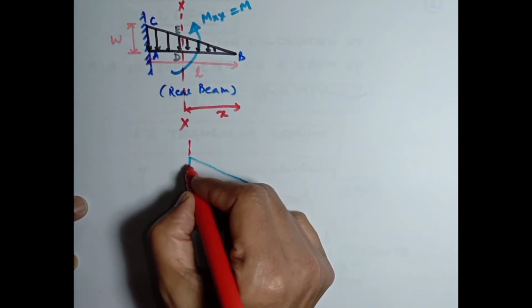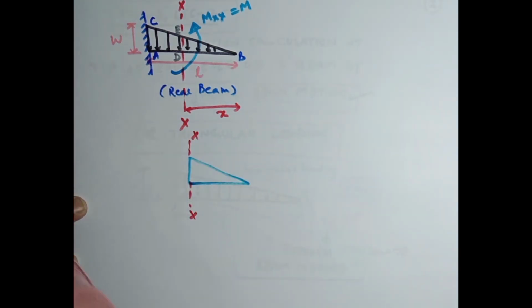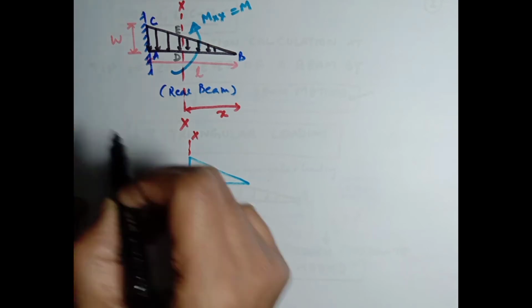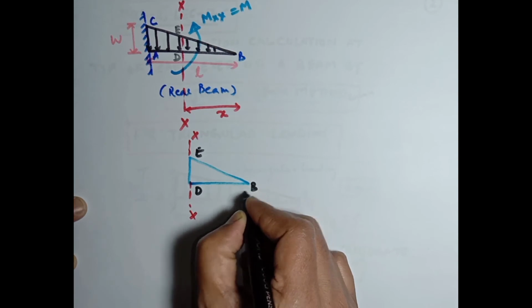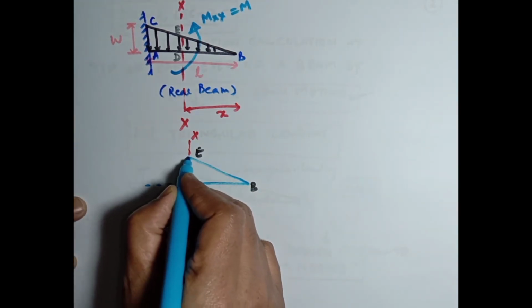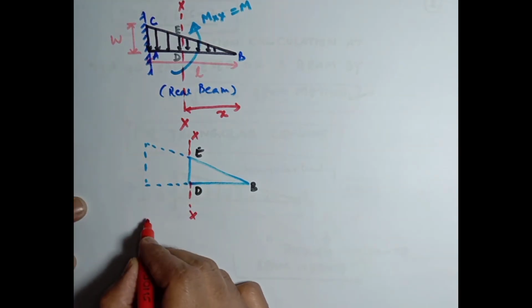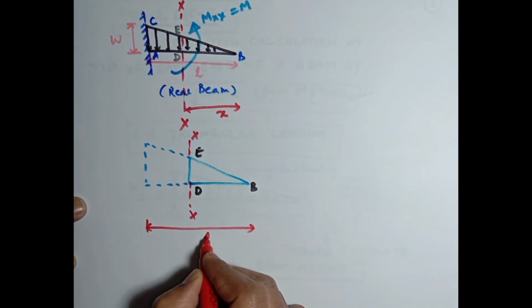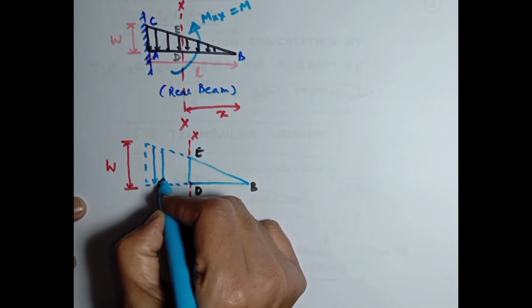Section X will be the same here, and these points are D, E, P. We draw the left part of this section in dotted line for more clarity. This length will be L, and the maximum value at the support is W. This is the loading diagram.